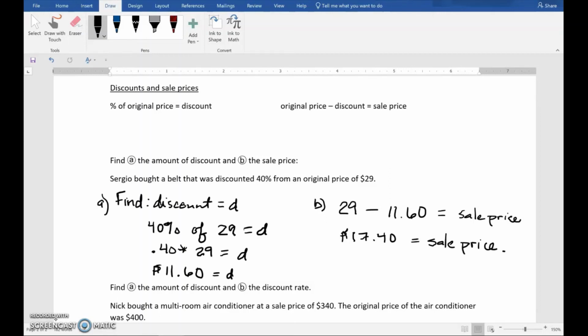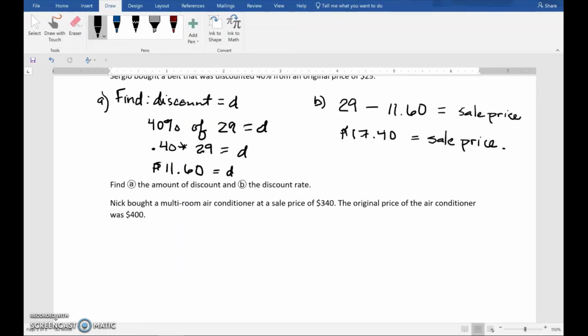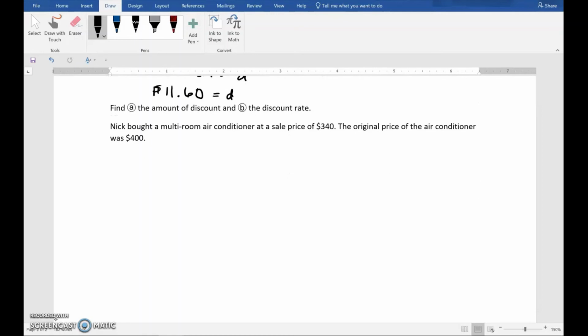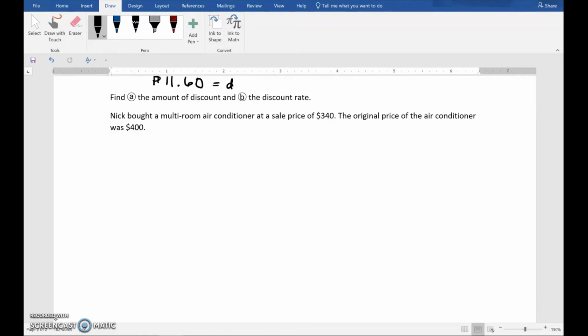Okay, let's do one last example. Find the amount of discount and the discount rate. So this one's a little different. Okay, Nick bought a multi-room air conditioner at a sale price of $340, and the original price of the air conditioner was $400.